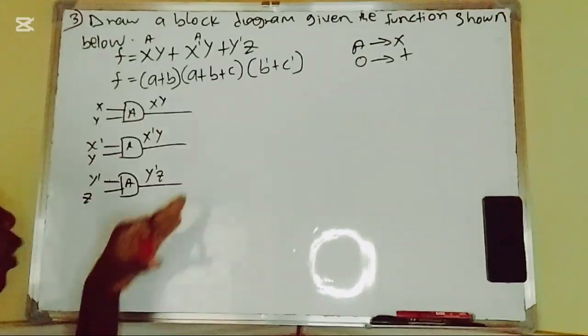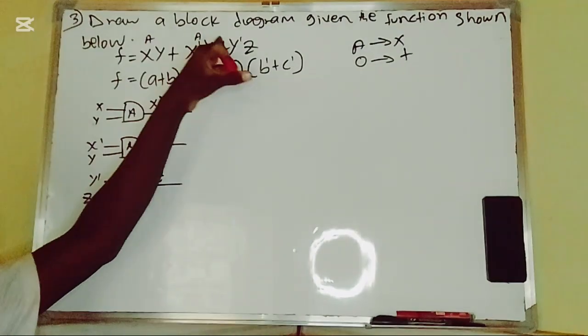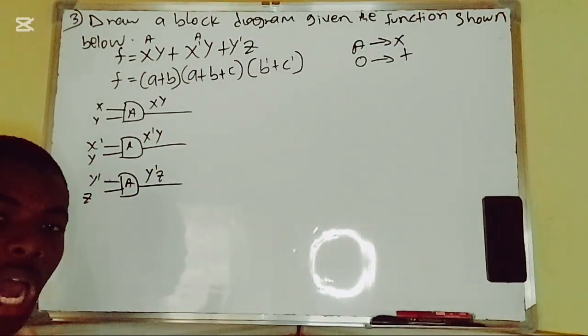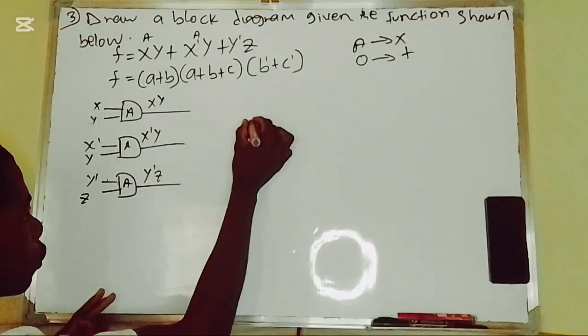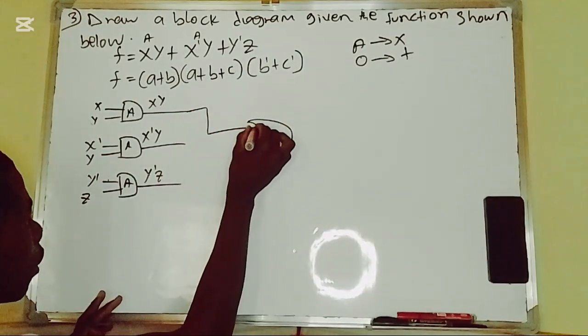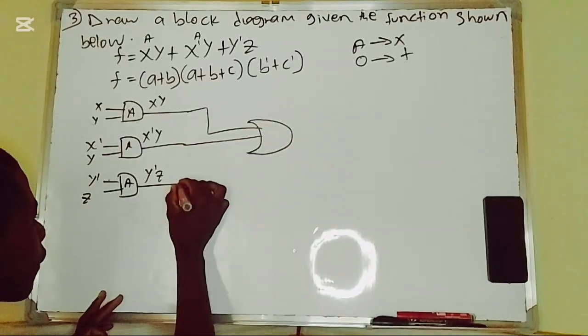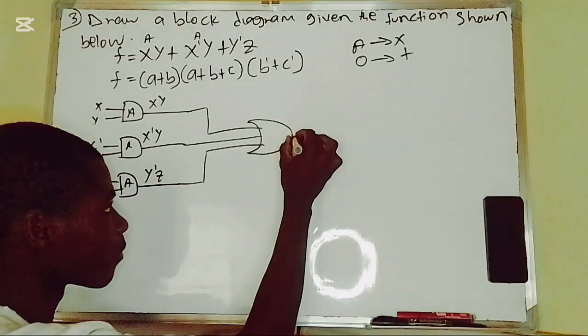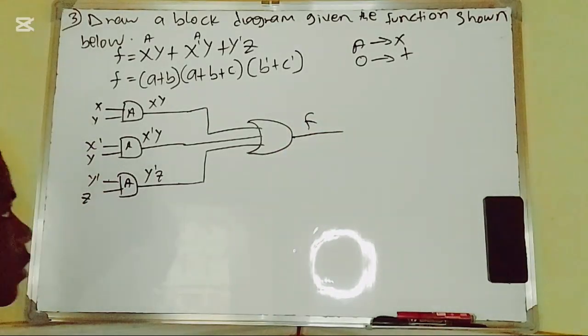What gate is next? It is the plus, the OR gate, and we'll have 3 inputs. So therefore, I'll have this, and this, and this. Yes, this is the output, this is the function.